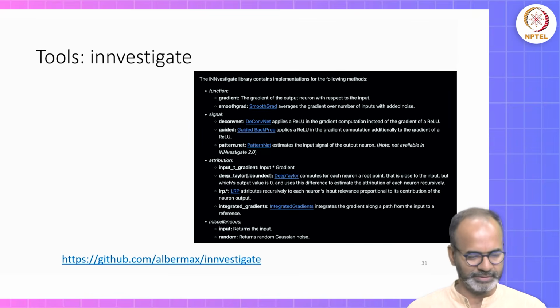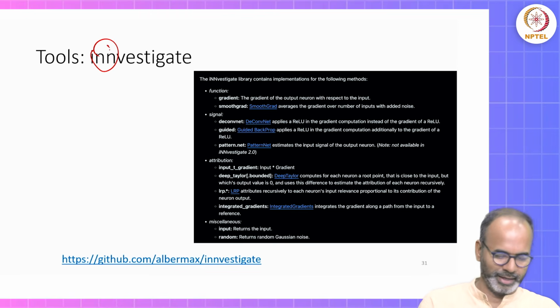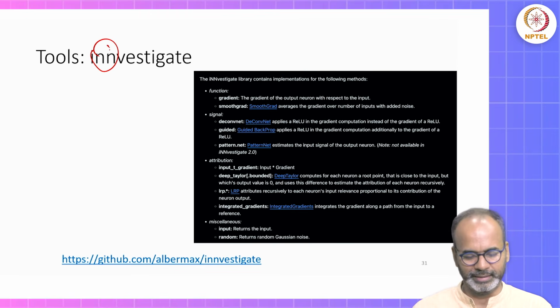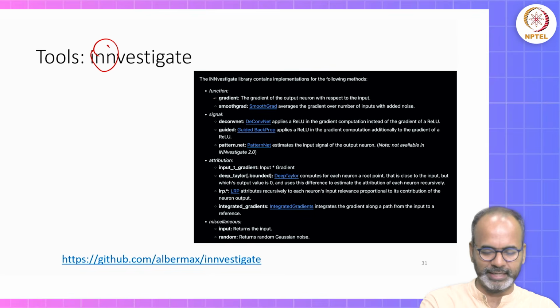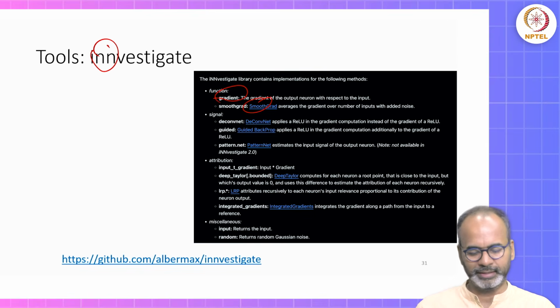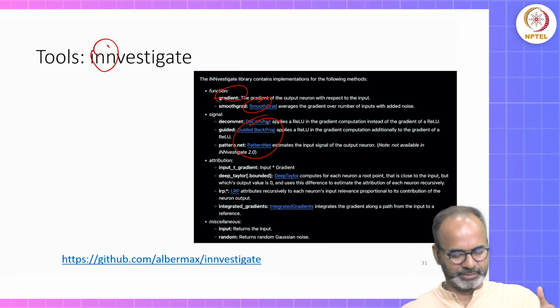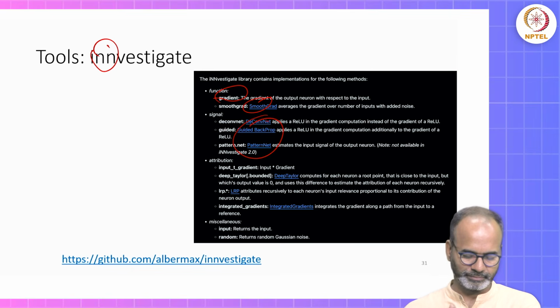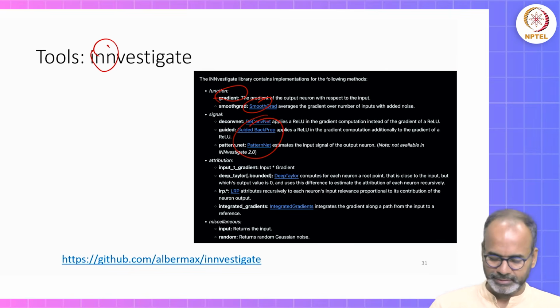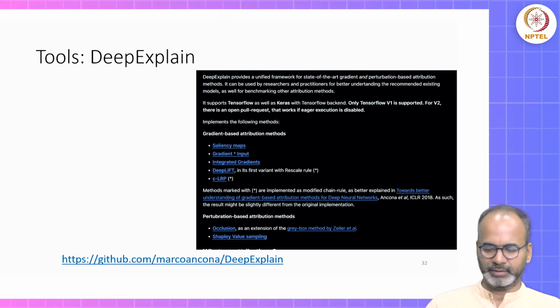The next one is iNNvestigate, with a double N. Again, the GitHub code. It talks about the functions it has, gradient, SmoothGrad, all that, and it has different methods. All of this we have seen until now, right? So some of this at least we have seen, guided backprop, all that. Right. And the next one is DeepExplain.